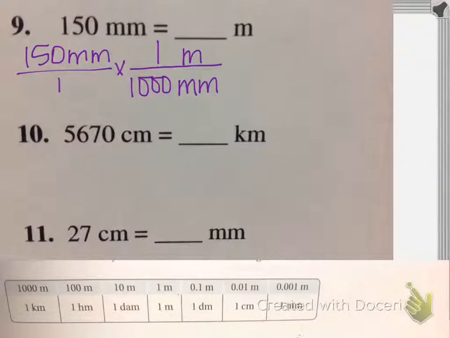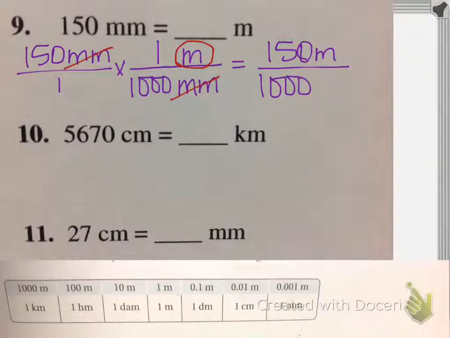So now when I cancel my units, my millimeters cancel, I'm left with just meters, and when I do the math, remember I multiply straight across, which is going to give me 150 meters over 1,000, and when I divide, and you can divide in your calculator if you like, or if you remember your rules for dividing by 1,000, it really is just the movement of a decimal point, which we'll look at here in a minute. But when I divide it in my calculator, I do get 0.15 meters.